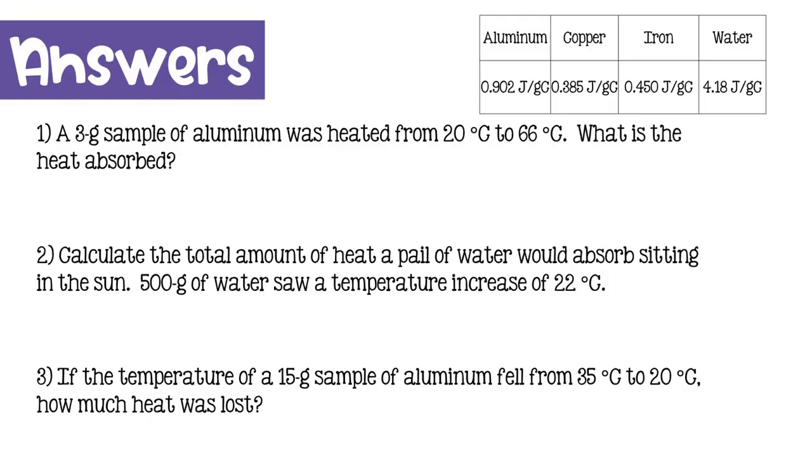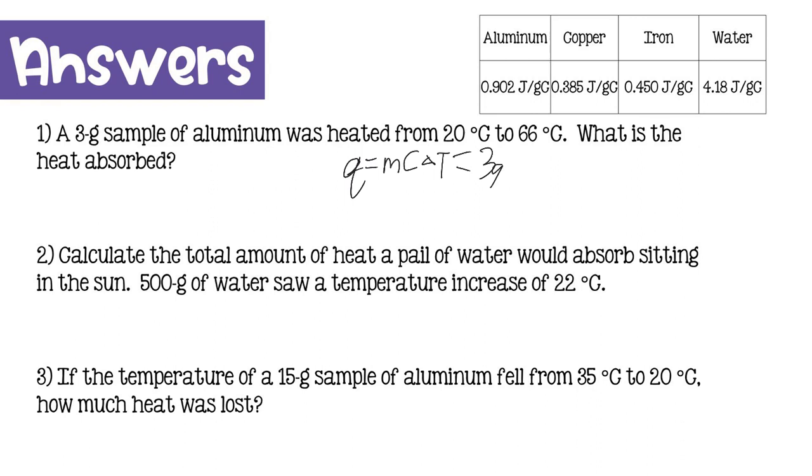A 3-gram sample of aluminum was heated from 20 degrees Celsius to 66 degrees Celsius. What is the heat absorbed? Well, we know that Q, or the heat, equals m times the specific heat capacity c times the change in temperature, delta T. Q equals mc delta T. We know that the mass is 3 grams, so m is 3.